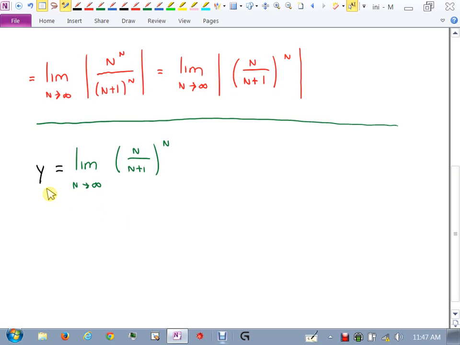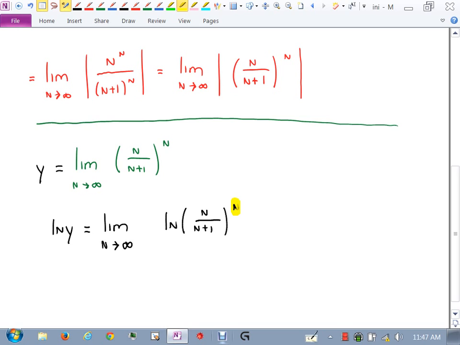And then I'm going to take natural log on both sides. Now, the reason why I'm going to compose both sides of this equation with natural log and pass the natural log through the limit, why am I doing this? Why do you think I'm going to do this with the natural log? Because I'll be able to take the n out there, right? And I'll be able to drop it in front of the natural log, which is a property of logs.